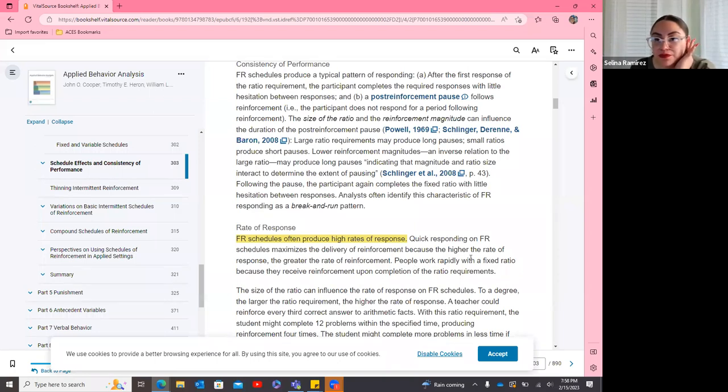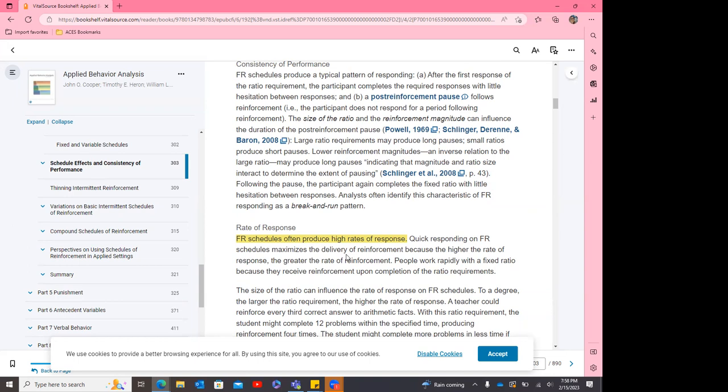So people work rapidly with a fixed ratio because they receive reinforcement upon completion of the ratio requirements. Okay, so people who are on an FR1 or an FR are going to work faster for you because they know when the reinforcement is coming, right? That's what they're saying.